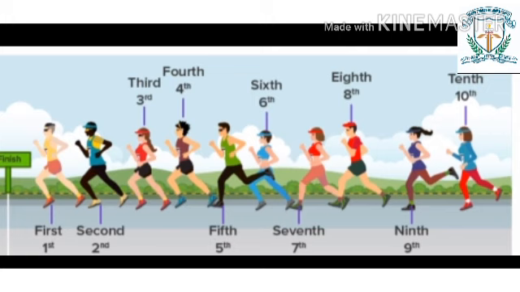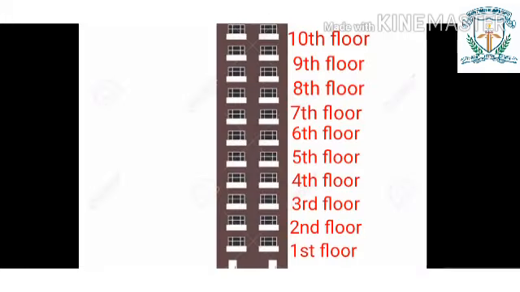The numbers first, second, third, fourth, fifth, sixth, seventh, eighth, ninth, and 10th tell the position of different athletes in the race. Hence, all of them are ordinal numbers.